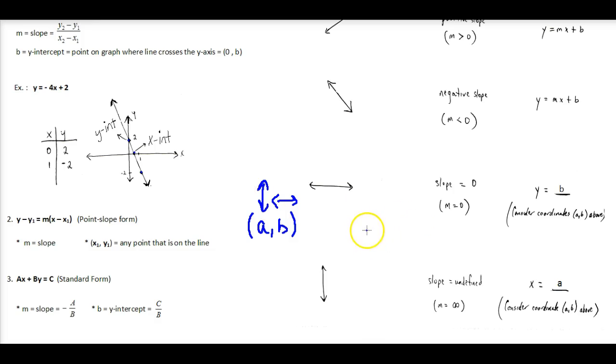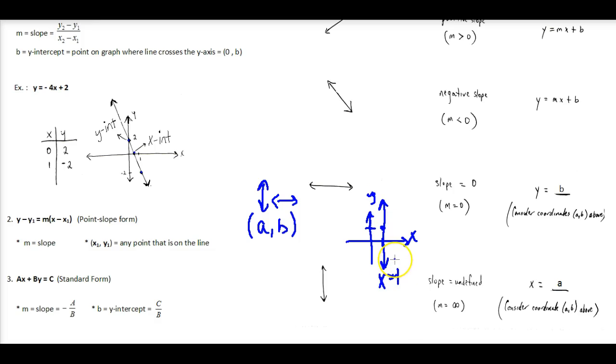So as an example, let's say I have some point (1, 1) here, and if I draw a vertical line that goes to that particular point, it will look like this. And this will be the equation x = 1.